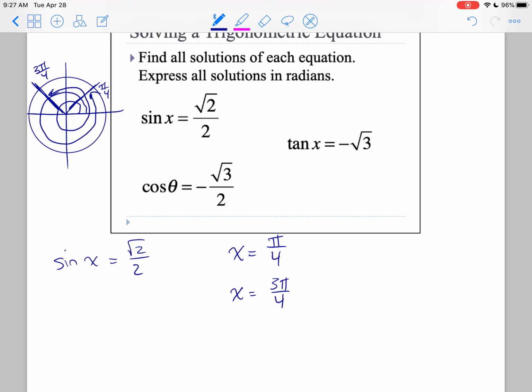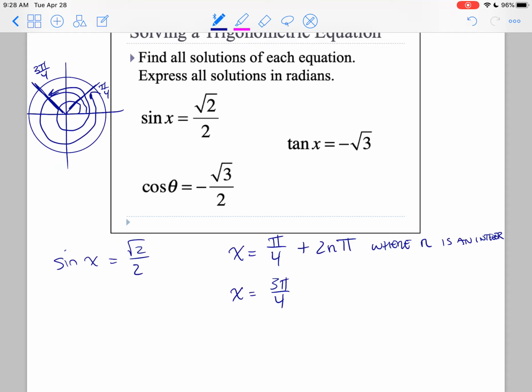And so what we're going to do is add 2n pi to this, where n is an integer. The reason this works is an integer is any whole number value, positive or negative.